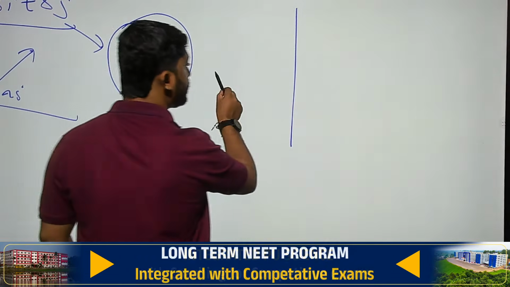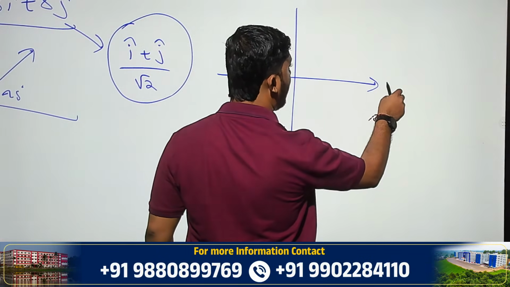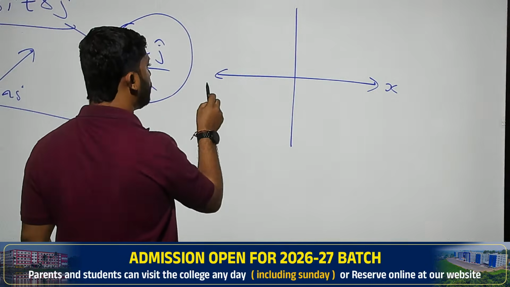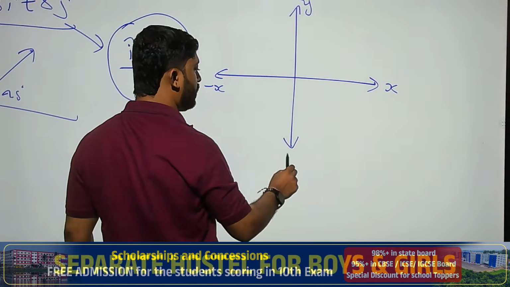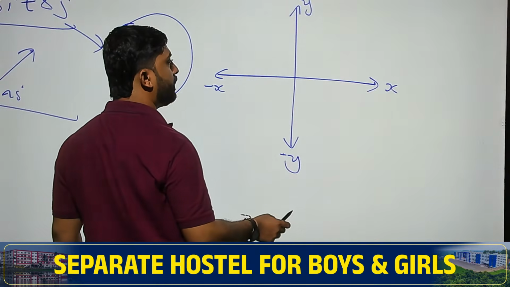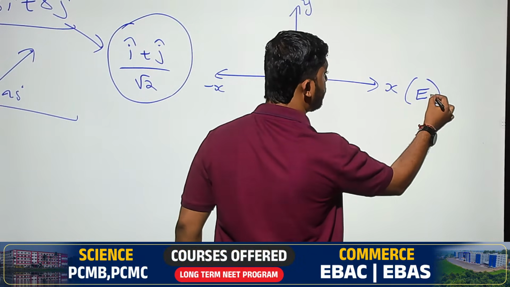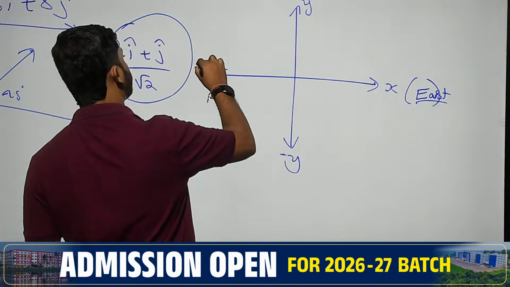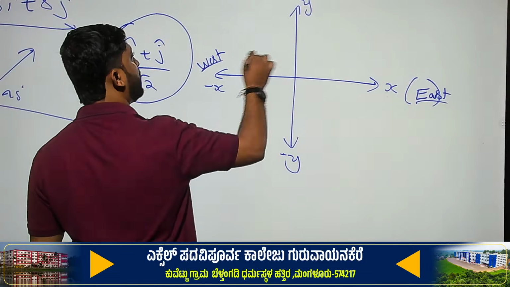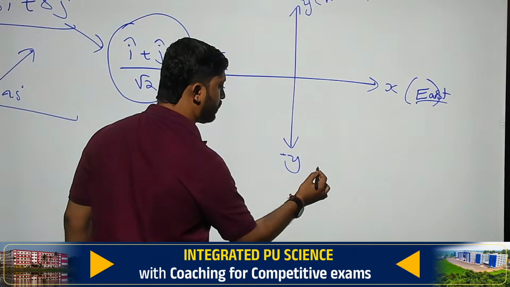So, we have two axes. If this is x, then this is minus x, this is y, this is minus y. If this is treated as east and this is west and this is north and this is south.